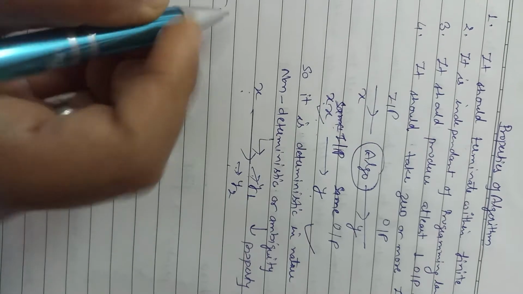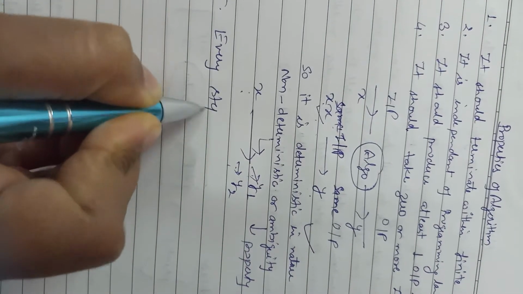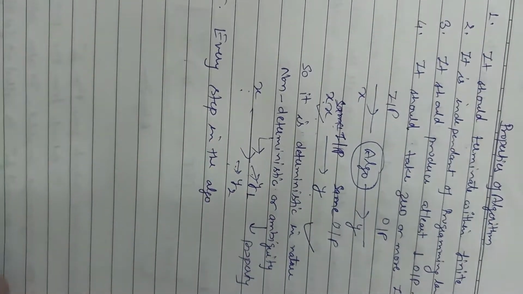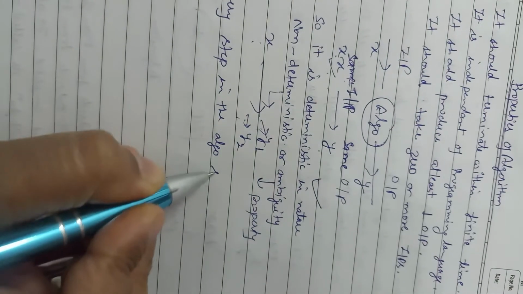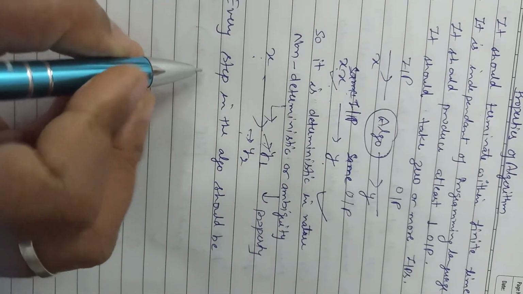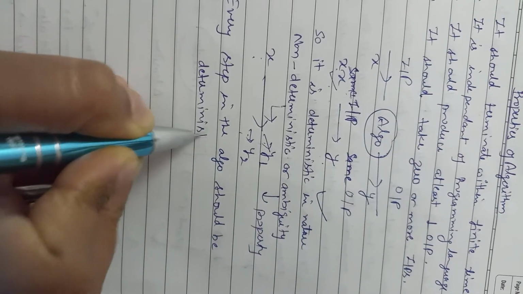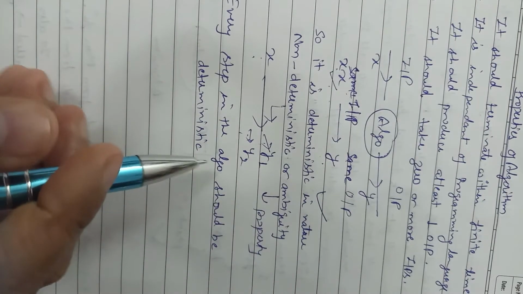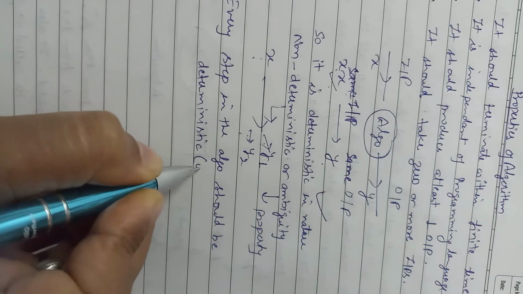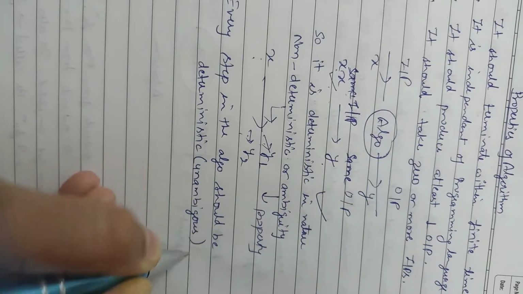That's why every step in the algorithm should be deterministic, or we can say unambiguous.